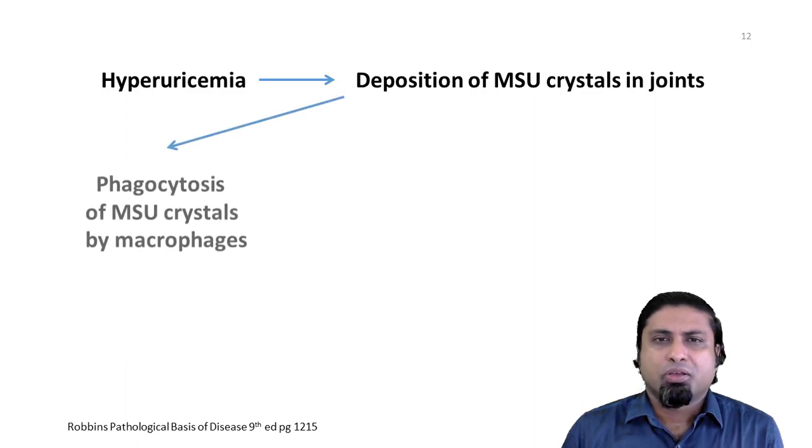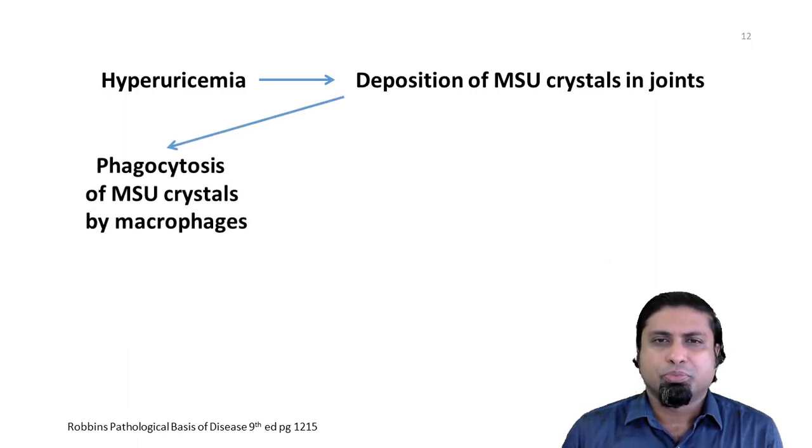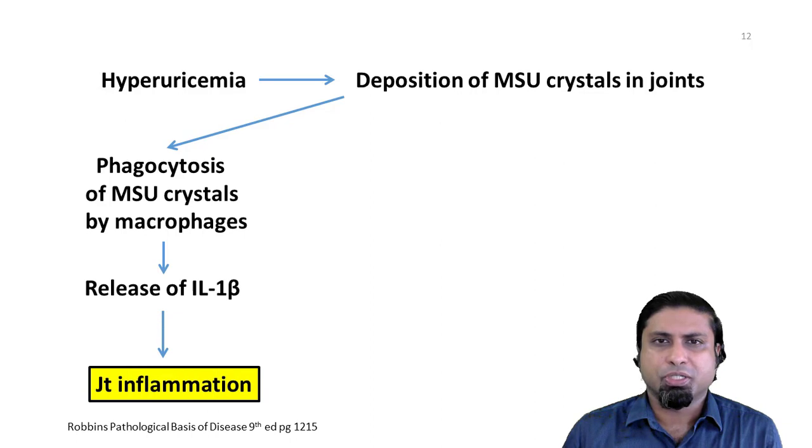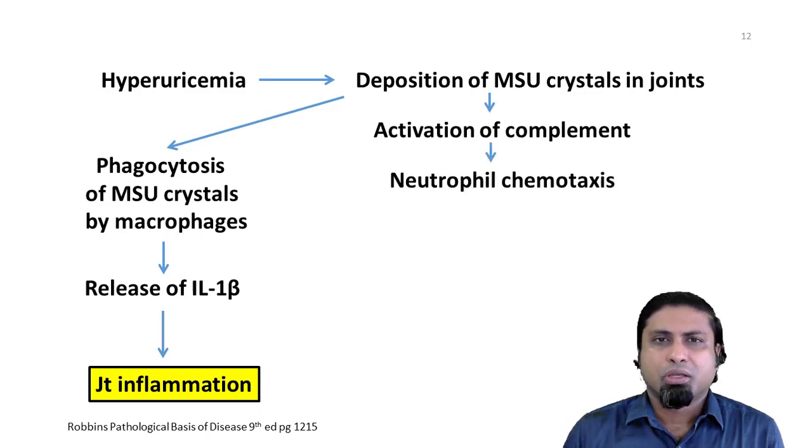Macrophages will start phagocytosing these monosodium urate crystals, and when they do so, they release interleukin-1 beta, which is pro-inflammatory in nature. The deposition of monosodium urate monohydrate crystals in the joints also activates the complement. The activation of complement will cause chemotaxis of neutrophils.